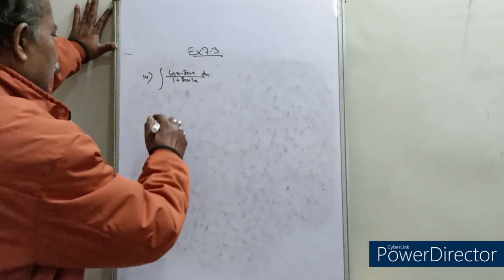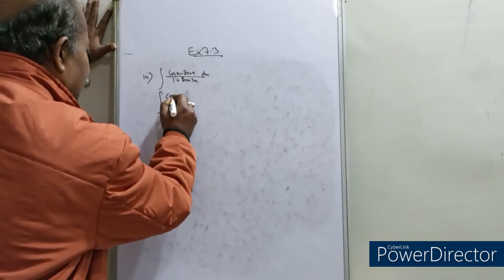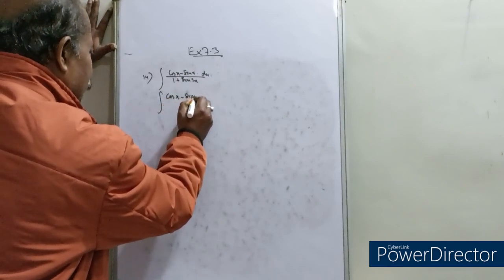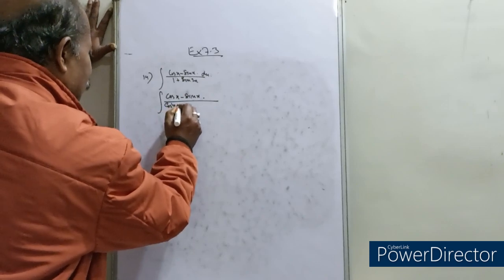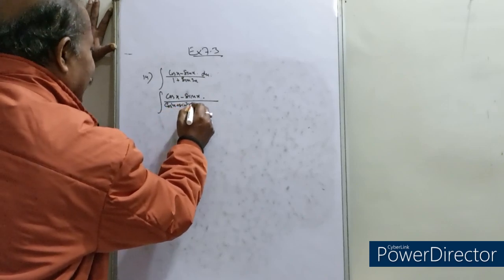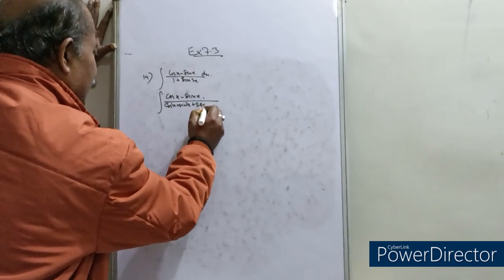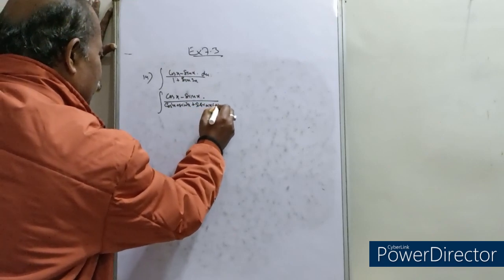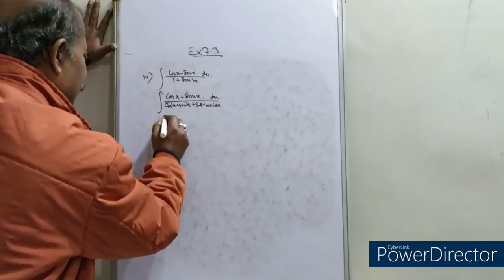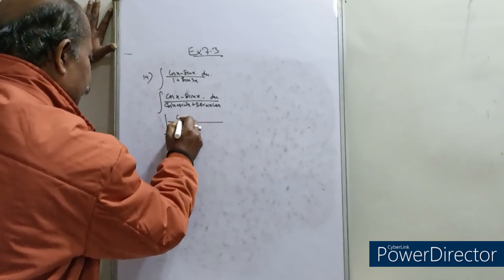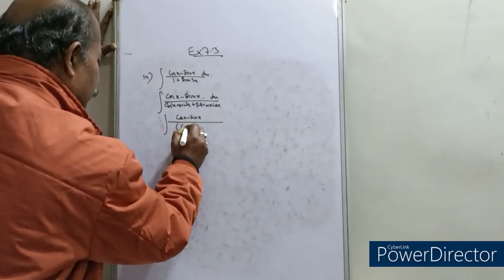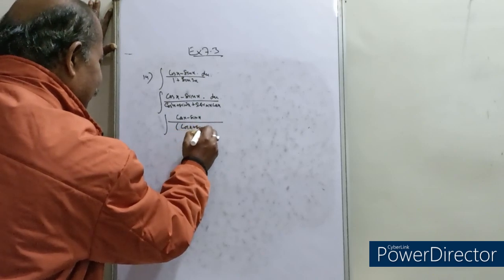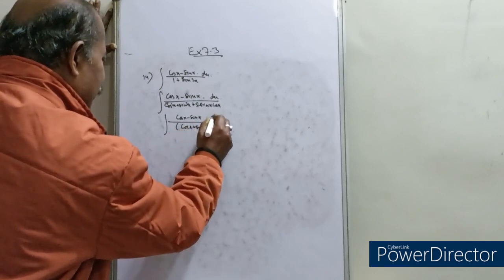It is solved. So here you can see cos x minus sin x. Instead of 1 you can write cos square x plus sin square x, and sin 2x is 2 sin x cos x, so dx. So here it will become cos x minus sin x over (cos x plus sin x) the whole square dx.